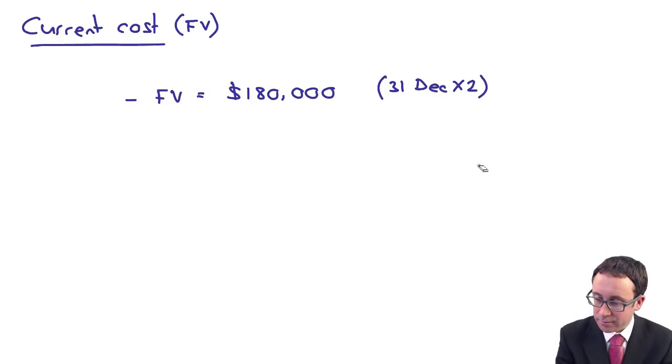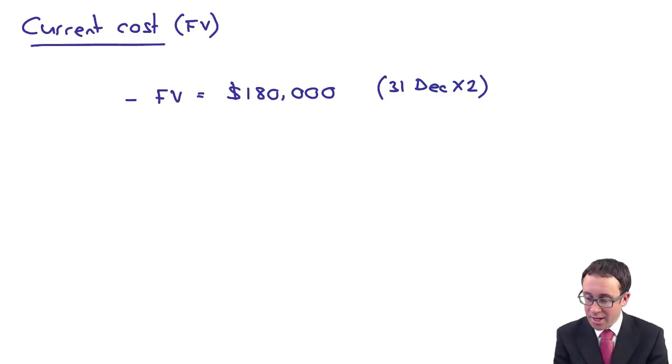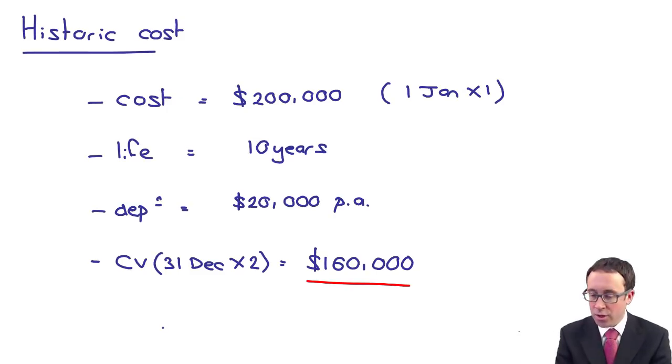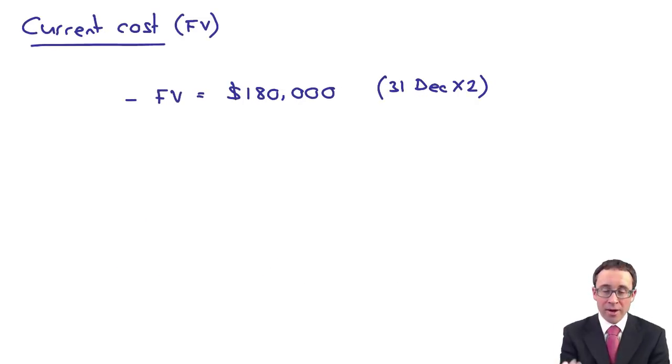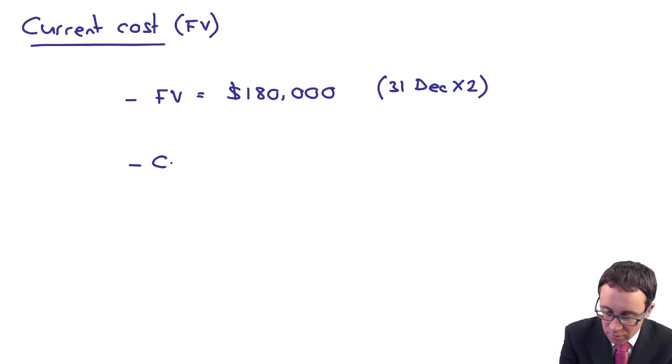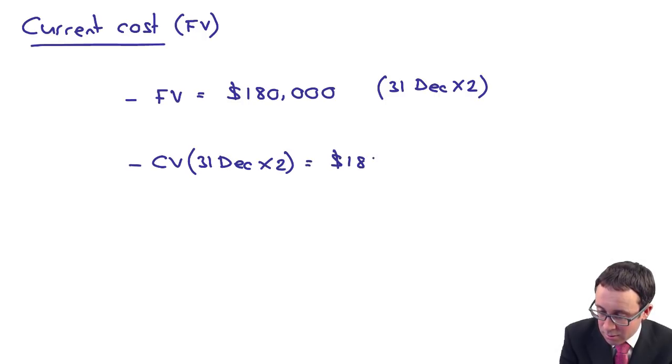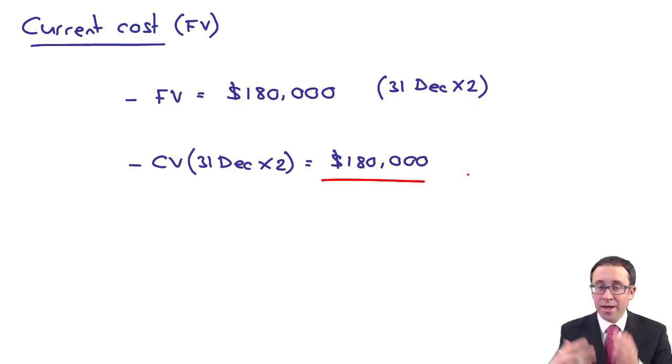So you've got a 2-year-old asset. We've depreciated it down to 160,000. If we're using current cost accounting, so effectively your revaluation model, we revalue it to fair value. So your carrying value at that date of the 31st of December X2 is there as 180,000. And again, what you've got now is the right position in terms of your statement of financial position value. So you can then look at the movement from what it was held at previously to now its fair value, and that will show the changes in this economic resource, won't it?